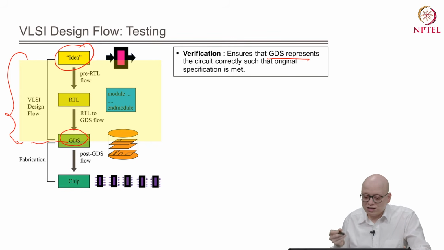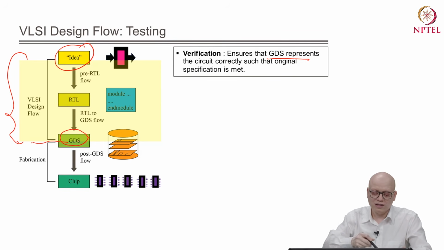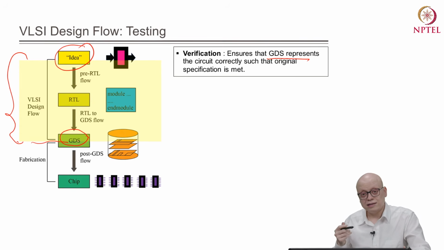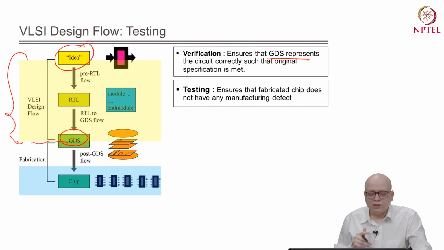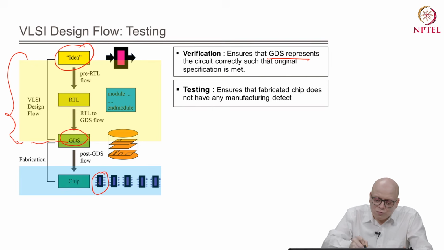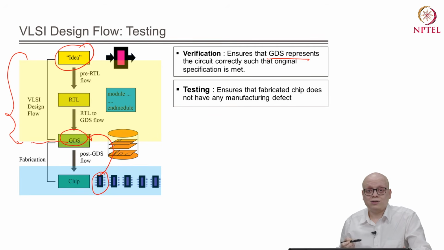Now, once we have done the verification, we have got the final layout, we give this layout to the foundry for fabrication. Now, after fabrication, when we get these chips, how to ensure that the chips were actually having the features that were defined in our design layout, right.